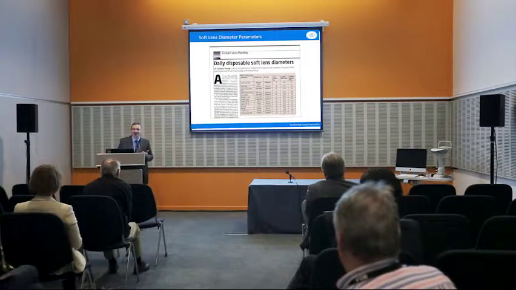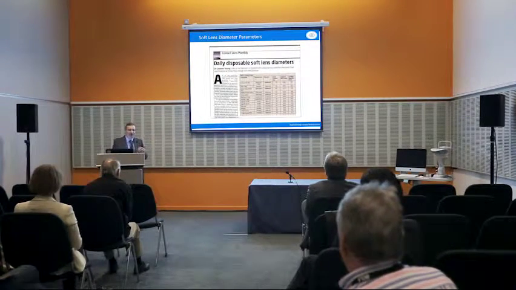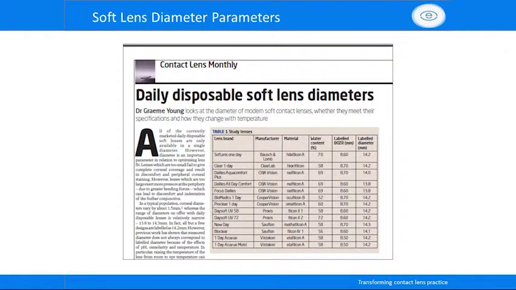There's a significant variation in diameter with temperature. Most lenses, when they're measured by manufacturers, are measured to the ISO standard of 20 degrees C. When you put the lens on eye, it goes up to 34 degrees C, and then you see quite a significant difference of the measured lens diameter versus the stated one on the packet.